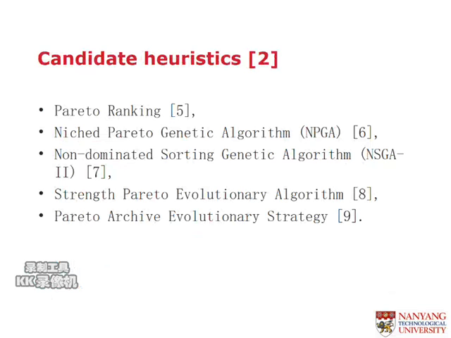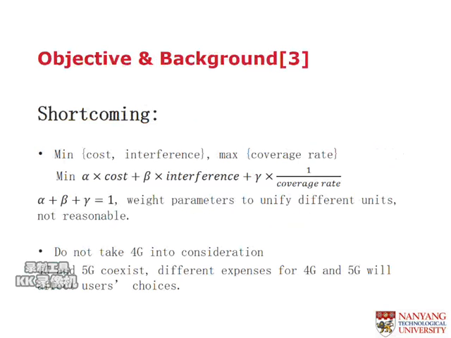As for the candidate heuristics, there are a lot of papers that provide algorithms which could be used, like parental ranking in reference 5 and non-dominated sorting genetic algorithm in reference 7.